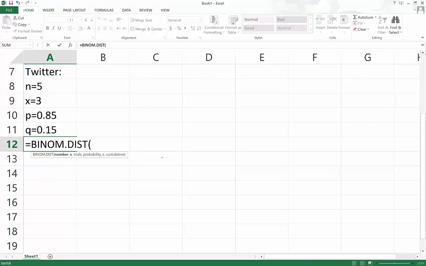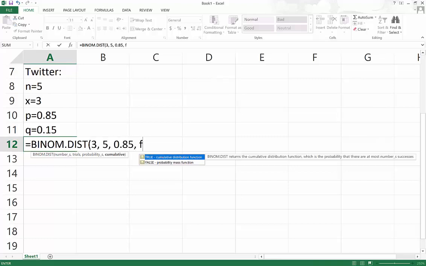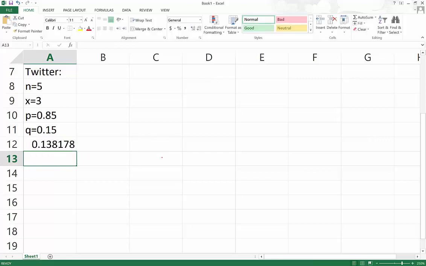Number of successes goes first, which is 3. Number of trials, 5. Probability of success, 0.85. And false, it's not cumulative. And again, if you round to 3 decimal places, that should be exactly the one you have in the calculation.